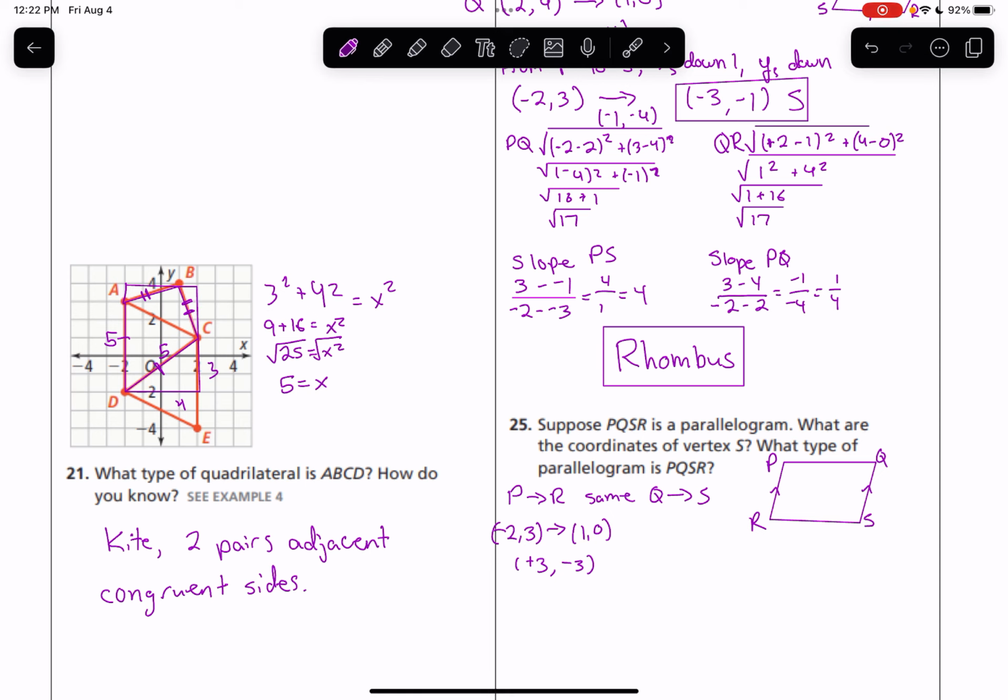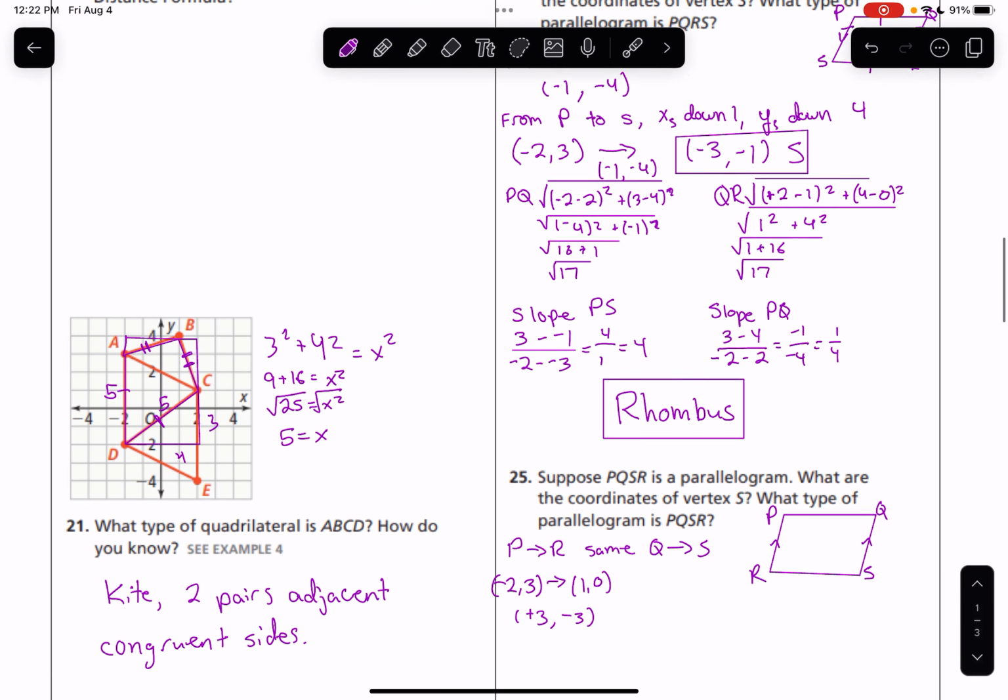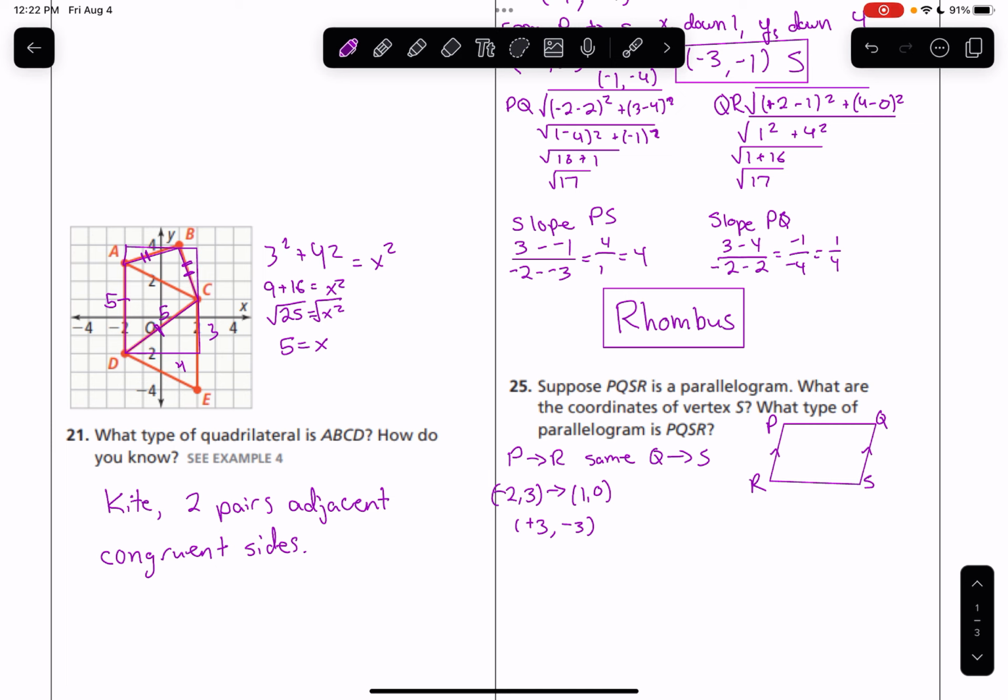And so I'll do the same thing to go from Q to the new S point, right? So right now Q is 2, 4. So I'll start at 2, 4, and I'll go to a new coordinate point by adding 3 to the X's and subtracting 3 from the Y's.